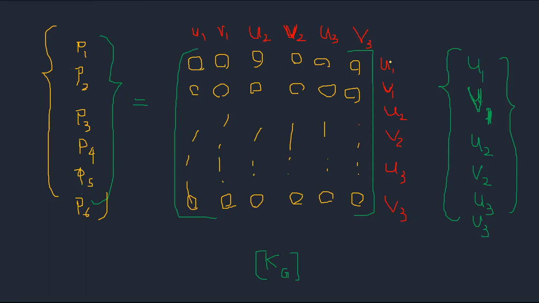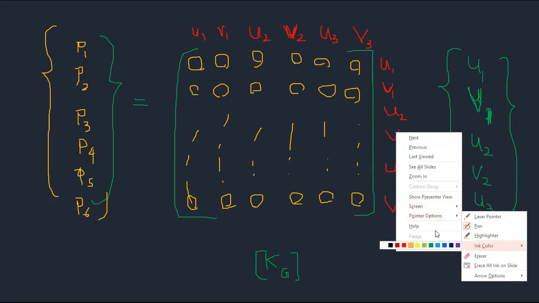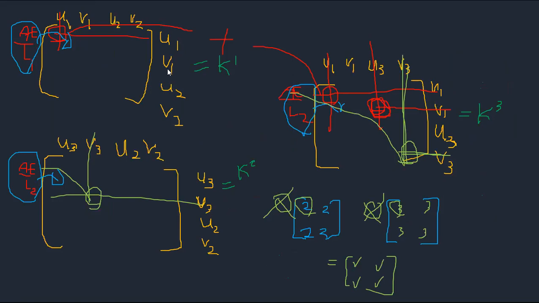For instance, if you need to determine what this element is, the U1th row, U1th column, right? This element, the U1th row, U1th column. So you go to each element, right?